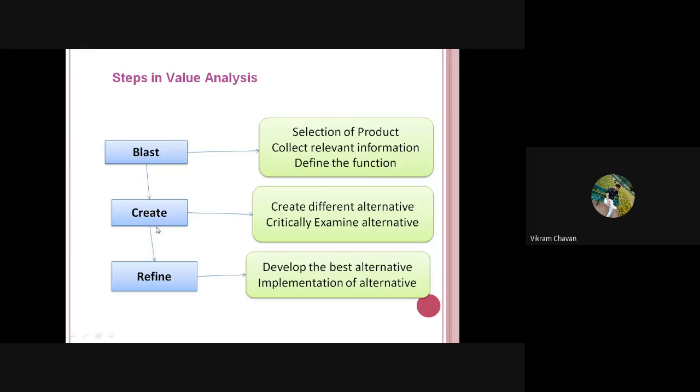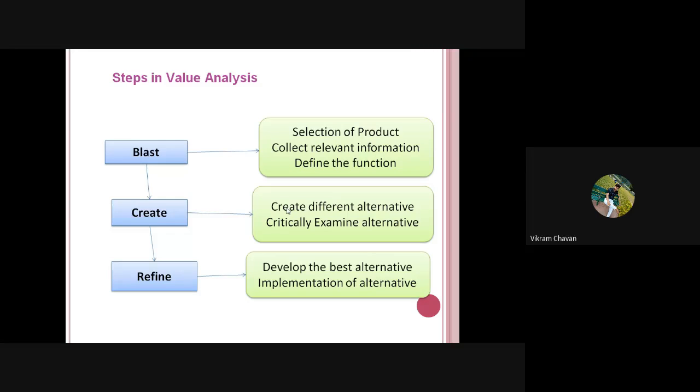The second one is the create stage. Under this create stage, we have to create different alternatives to reduce the cost and to increase the valuation.